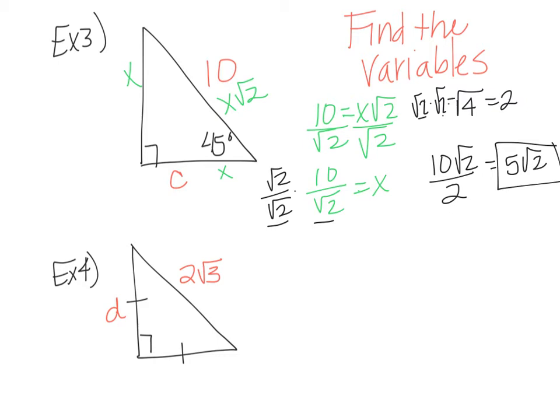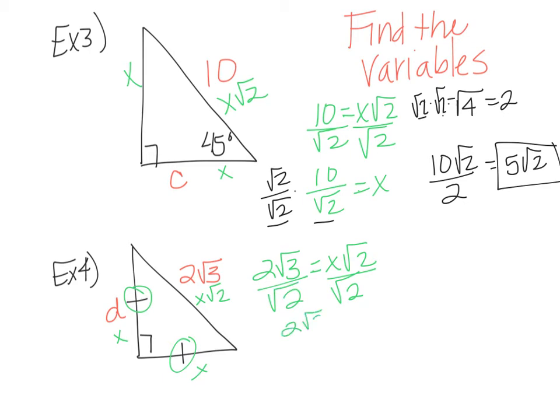Example 4, same concept, same process here. This time, the side lengths are congruent, so that's what tells us that this is a 45, 45, 90. This is x square root 2, this is x, and then this guy's x. So we know that 2 square root 3 is equal to x square root 2. So we're going to follow the same exact process that I did on the last problem. So 2 square root 3 over the square root of 2.